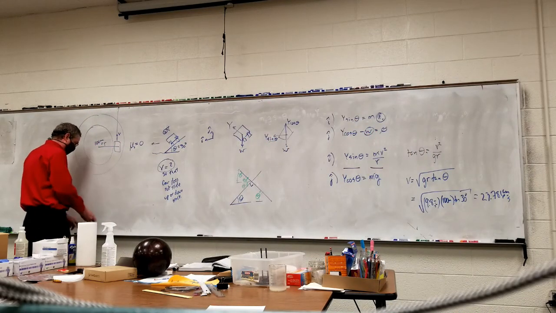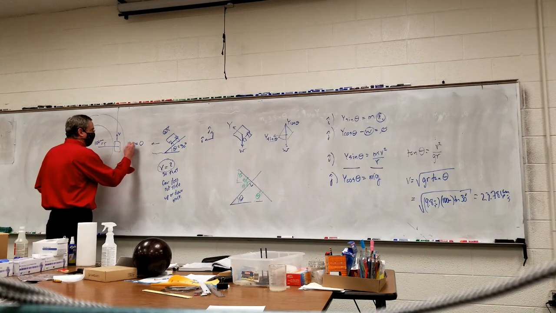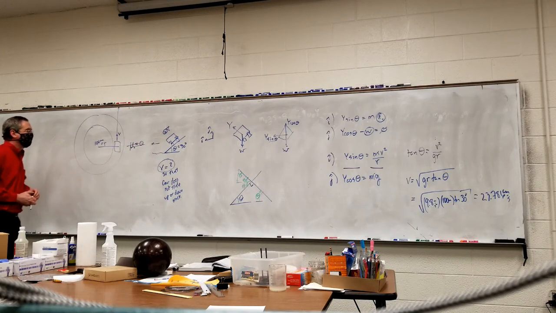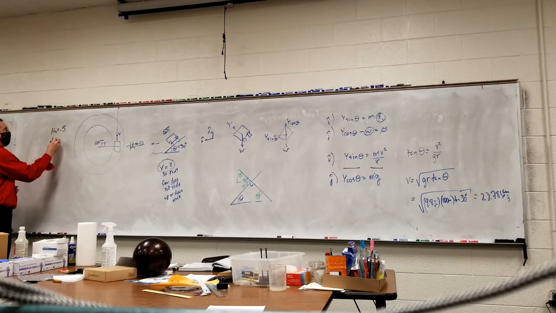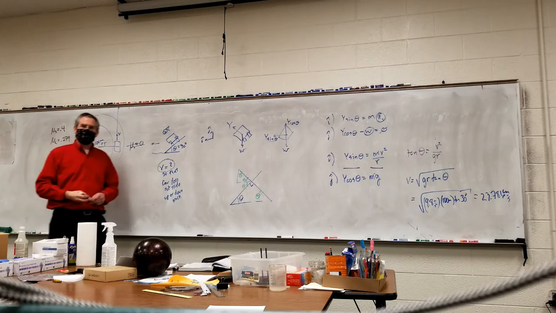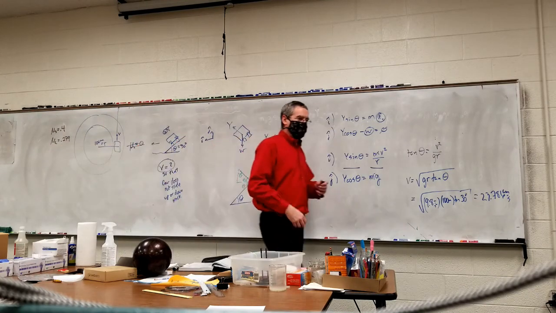So let's throw in friction. Oh, I'm stuck in a rut there. Let's mix it up. There we go. Mu sub s is 0.4, mu sub k is 0.279. Ooh, I know how to live on the edge.